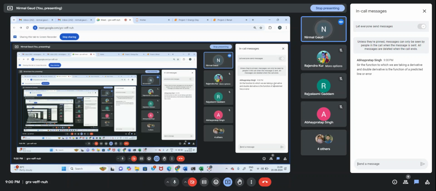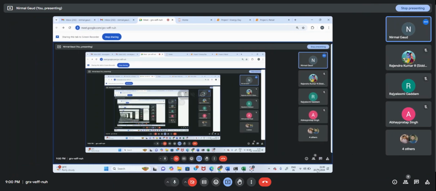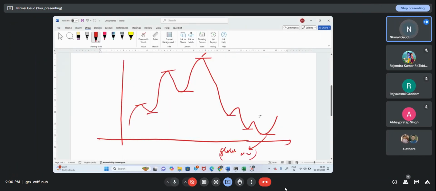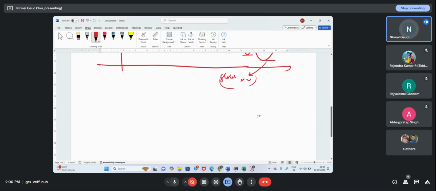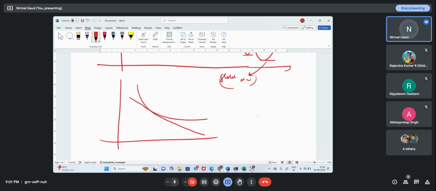So the function to which we are taking the derivative and double derivative is a function of the predicted line or error. See, what we have learned in our school days is, sir, this is a curve, and let us suppose this is a line.